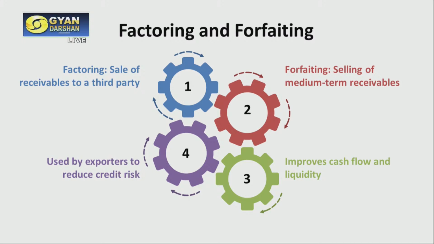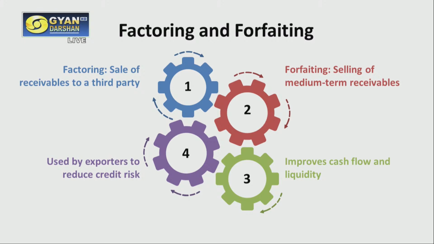There is not much difference between factoring and forfeiting, but factoring is basically done where the credit is supplied for less than 180 days, whereas forfeiting services are provided by the forfeiter. The organizations which provide factoring services are known as factors, and organizations which provide forfeiting services are known as forfeiters. So factoring is sale of receivables to a third party, and forfeiting is selling of not only medium term receivables but also long term receivables.